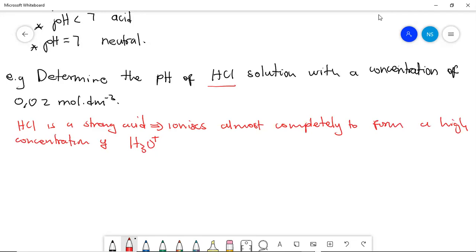There's one thing that you need to acknowledge. I know that your teachers might not tell you at school, but you need to acknowledge this fact. Why?